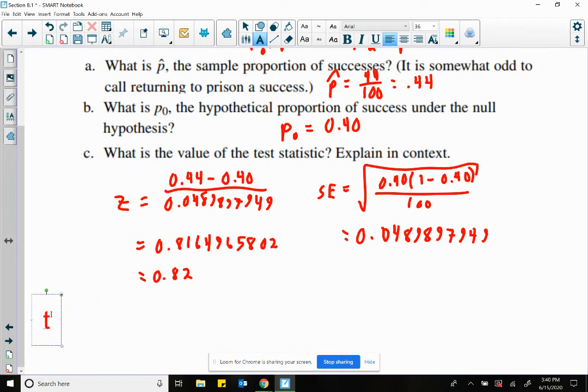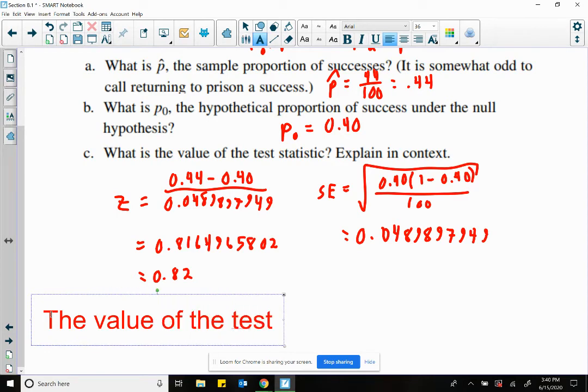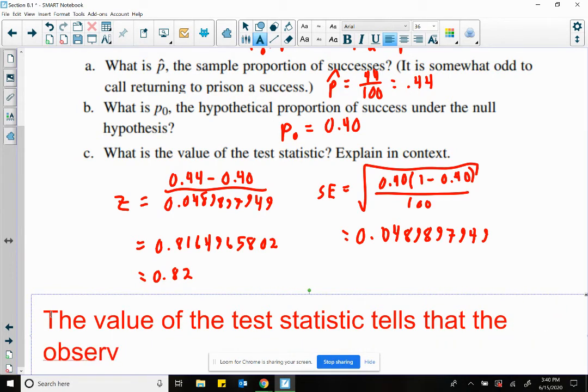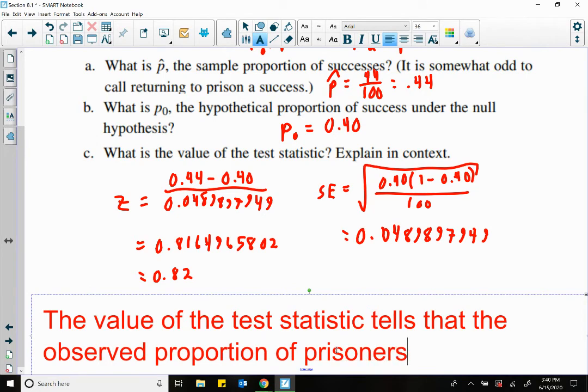So the value of the test statistic tells that the observed proportion, p hat in other words, of prisoners was, put in that number, 0.82. So that's the first blank you'll be filling in.